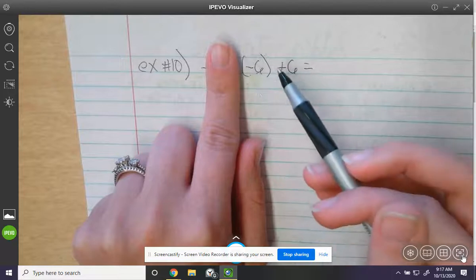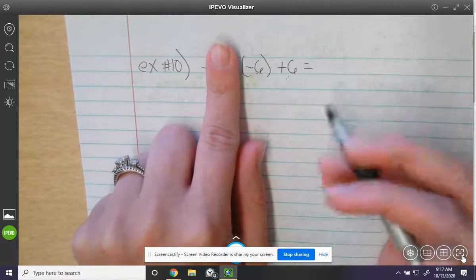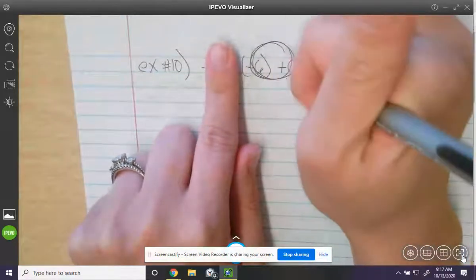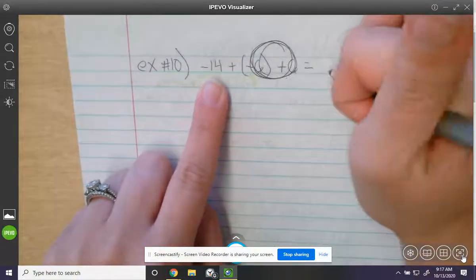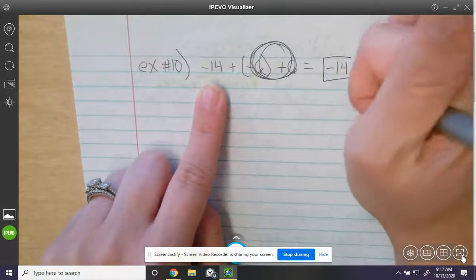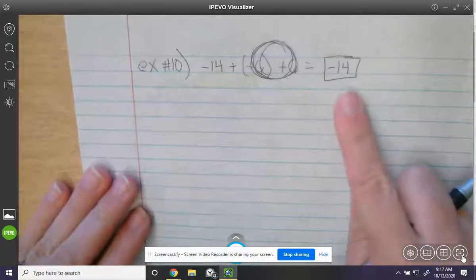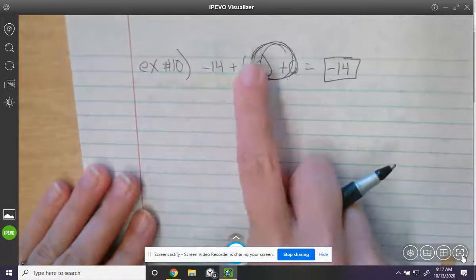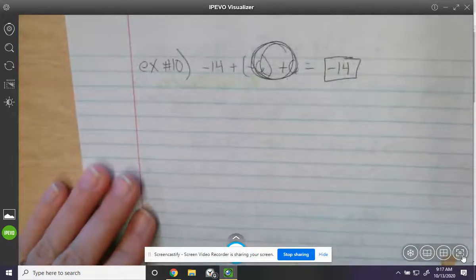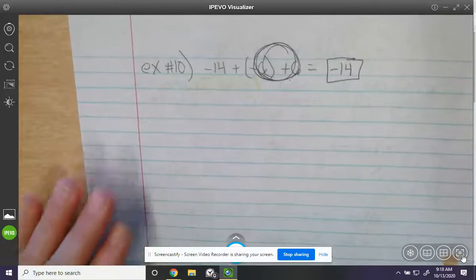They're opposites of each other. If they're opposites of each other and I add them, my answer is going to be 0. So really my answer is just negative 14. So always try to look for loopholes like that because that makes your life a lot easier than having to add those and then add that back. Just look for opposites. That makes life way easier. All right, that's it.